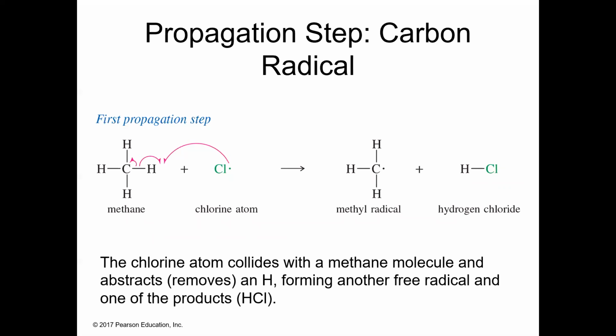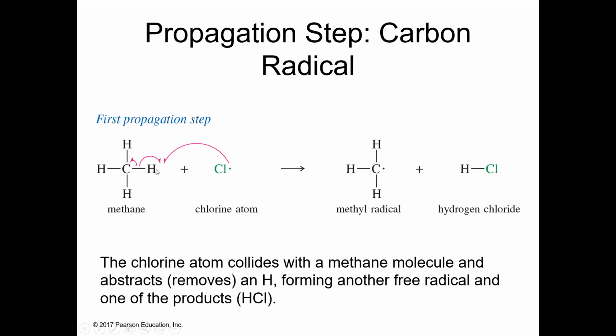There are several propagation steps. This is one of them. Well, molecular chlorine is pretty reactive. Chlorine atoms are even more reactive. Methane and most alkanes are not very reactive, so this tells you that of course the chlorine atom is a very reactive species.